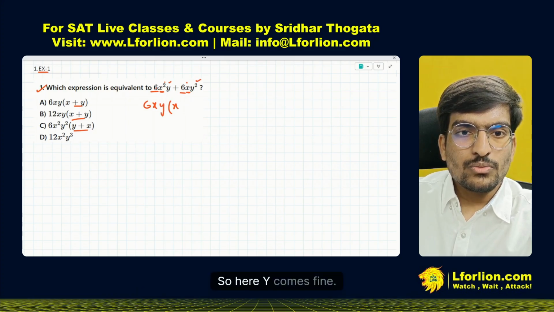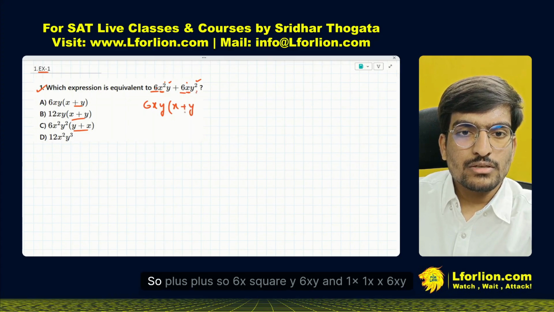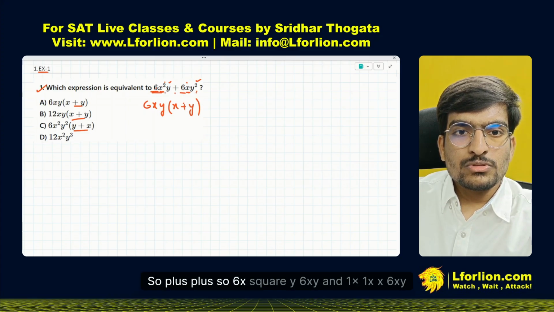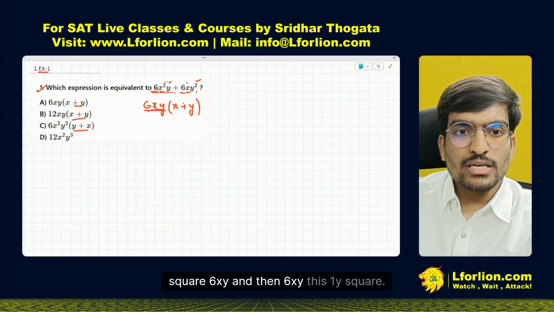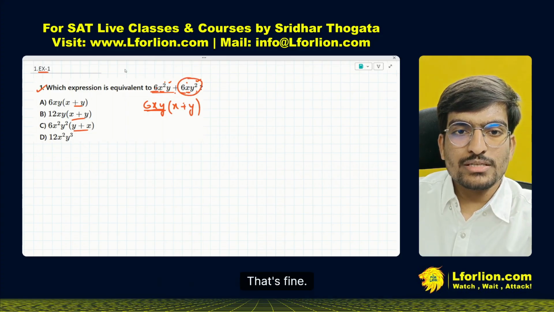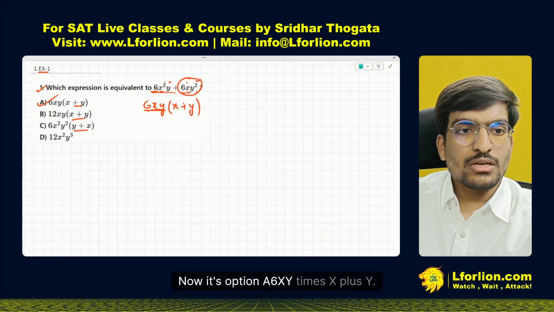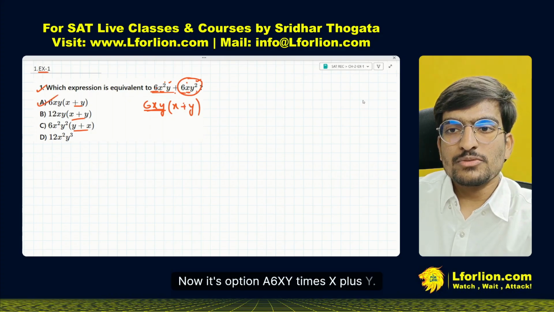For the second, 1y comes inside. So 6x square y and 6xy square: 1x, and then 1y, and y and y make y square. That's fine. Now it's option A, 6xy times x plus y.